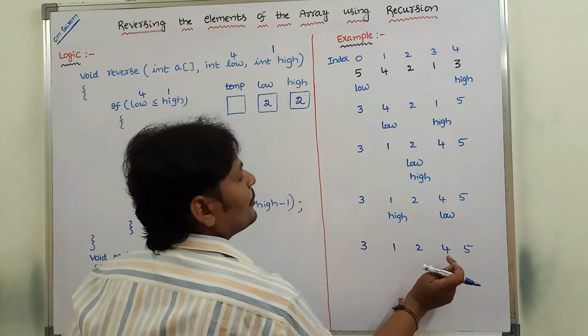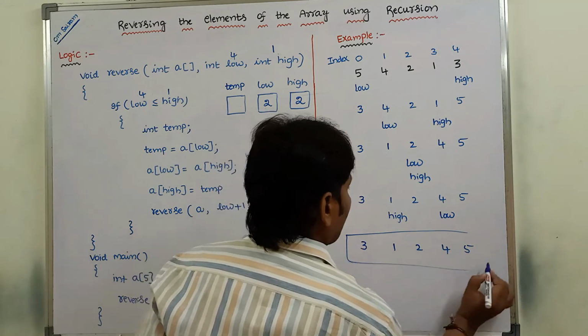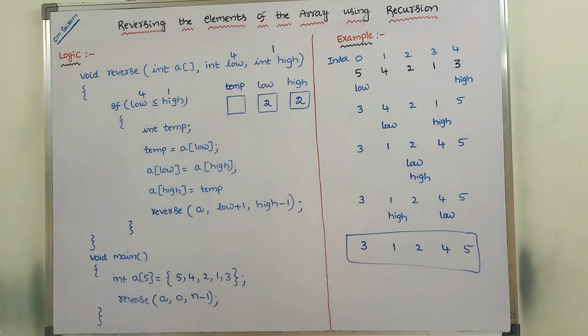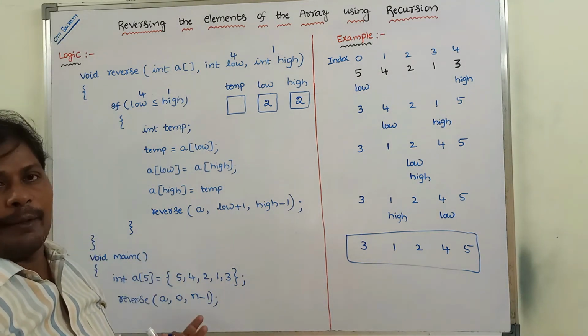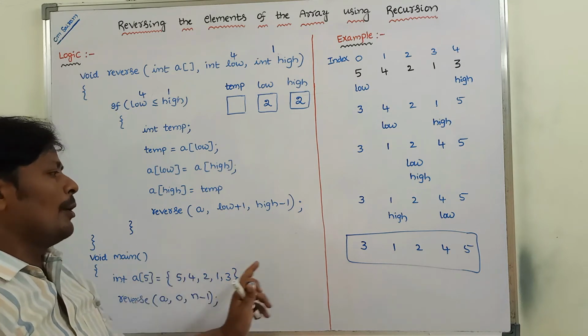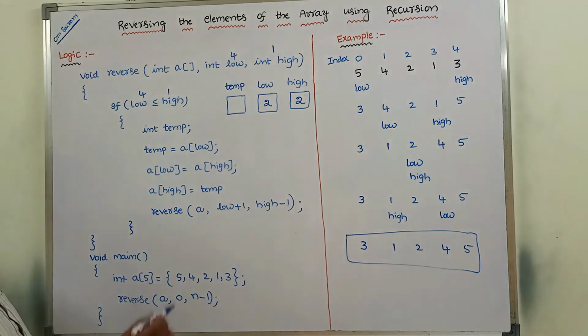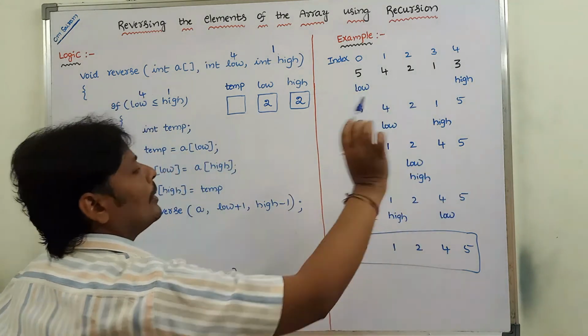So our logic is successfully correct, and we get the reverse of the elements of the array. So this is the logic and this is the example.